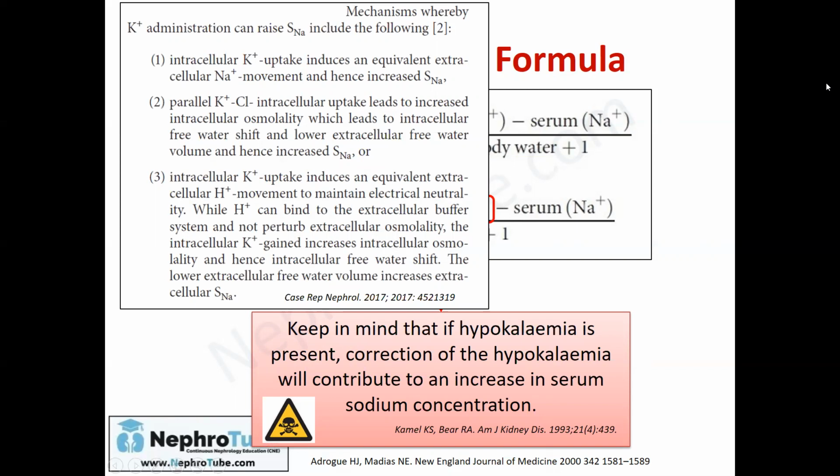One of them is that with the correction of hypokalemia, some of the potassium will go into the cells in exchange for sodium, and this will increase the serum sodium. Also, there is parallel intracellular uptake of chloride with potassium, and the chloride inflow into the cell has an osmotic effect, drawing water from the extracellular compartment to the intracellular compartment, which will decrease the extracellular free water, increasing the sodium level, and so on.